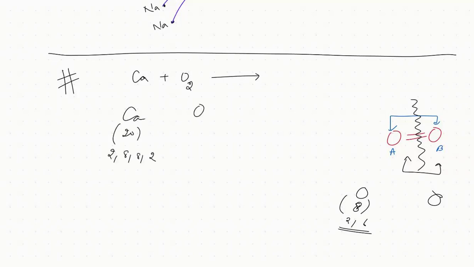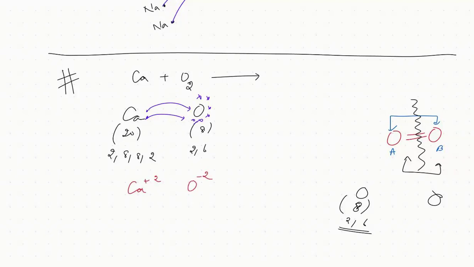Oxygen is atomic number 8, with configuration 2, 6. So obviously calcium is going to lose 2 electrons and oxygen is going to gain the electrons. Calcium will become calcium plus 2 and oxygen will become oxygen minus 2.